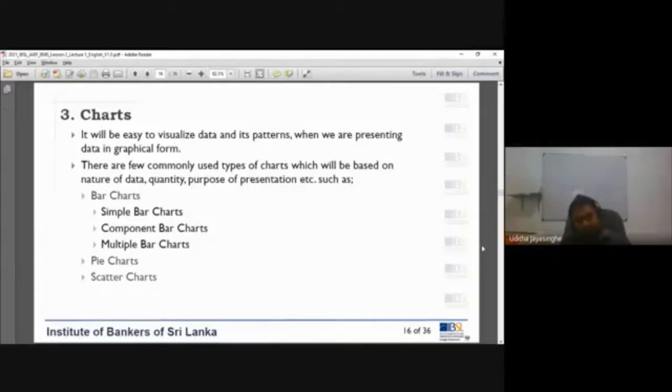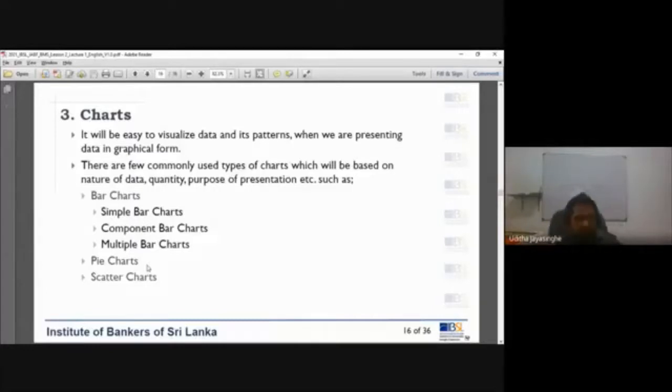Visuals, colors, patterns, and graphical forms are going to be used here. There are a few commonly used types of charts that will be based on the nature of data, purpose, presentation, etc. These are the three styles of charts that will be widely discussed and used, and even in the examinations you may see questions clearly requesting that they be drawn.